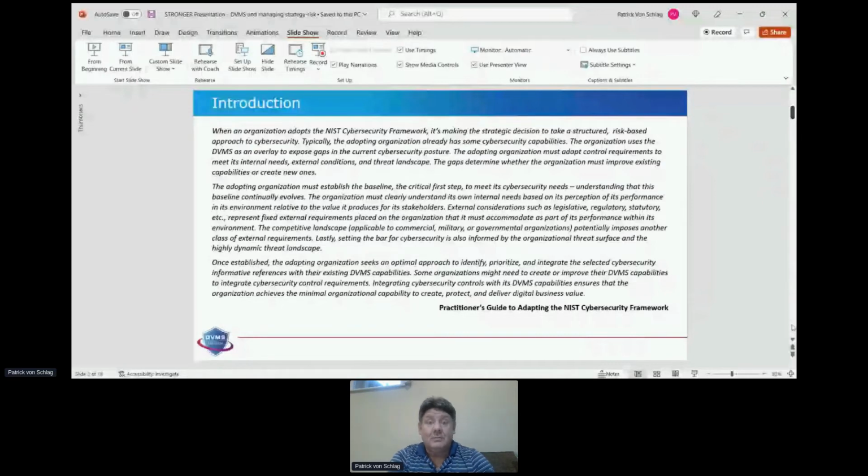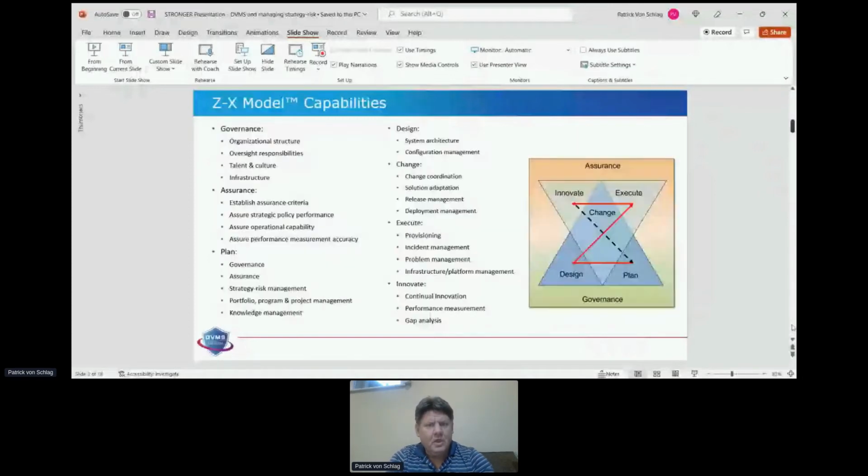Given the nature of the business capabilities that they have, the organizational structures that they use, and their organization strategies, how do they effectively align and integrate risk so they can best optimize their capabilities, given the nature of the work that they do? So one thing that we're going to introduce in here is this idea of an overlay.